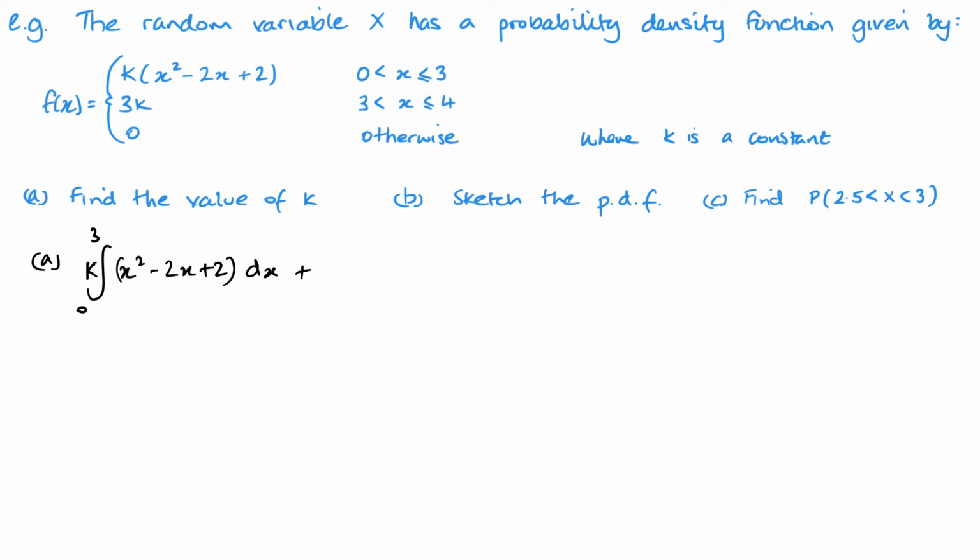Plus, then we're going to integrate the 3k between 3 and 4. Again, that is only a constant, so I might as well put it inside. And this totals 1. So that will leave me with k times x cubed over 3 minus 2x squared over 2, where the 2s will cancel, plus 2x.